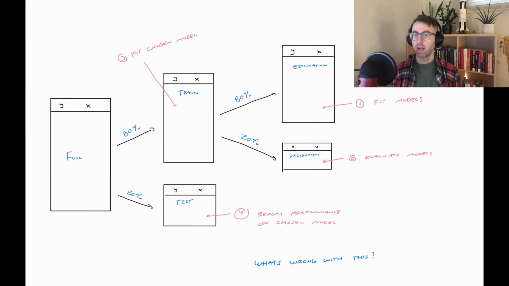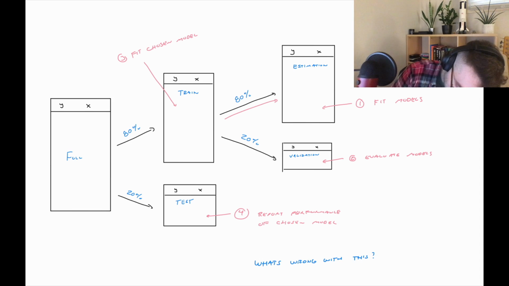But there's kind of an issue here. Perhaps this has been eating at you and you've been wondering, why are we doing something that has this obvious problem? But the problem is right here.